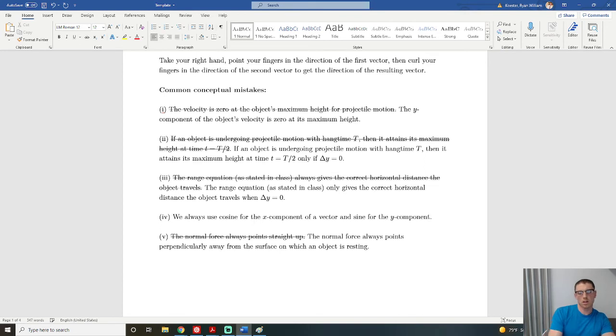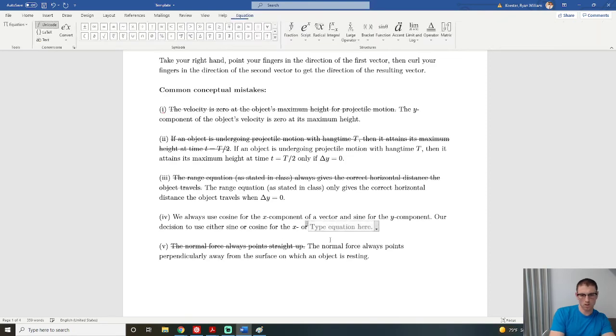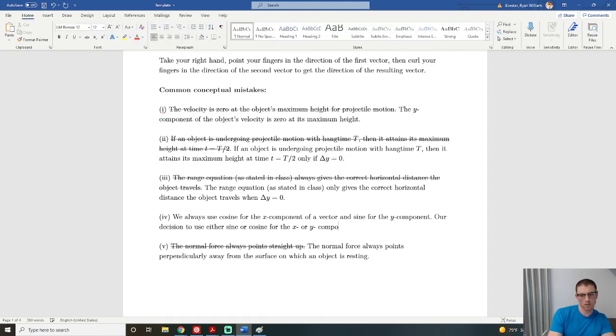And our decision to use either sine or cosine for the x or y component depends on the reference angle, right?